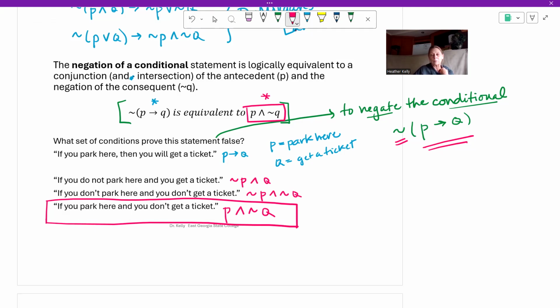So this statement proves when the conditional is false.